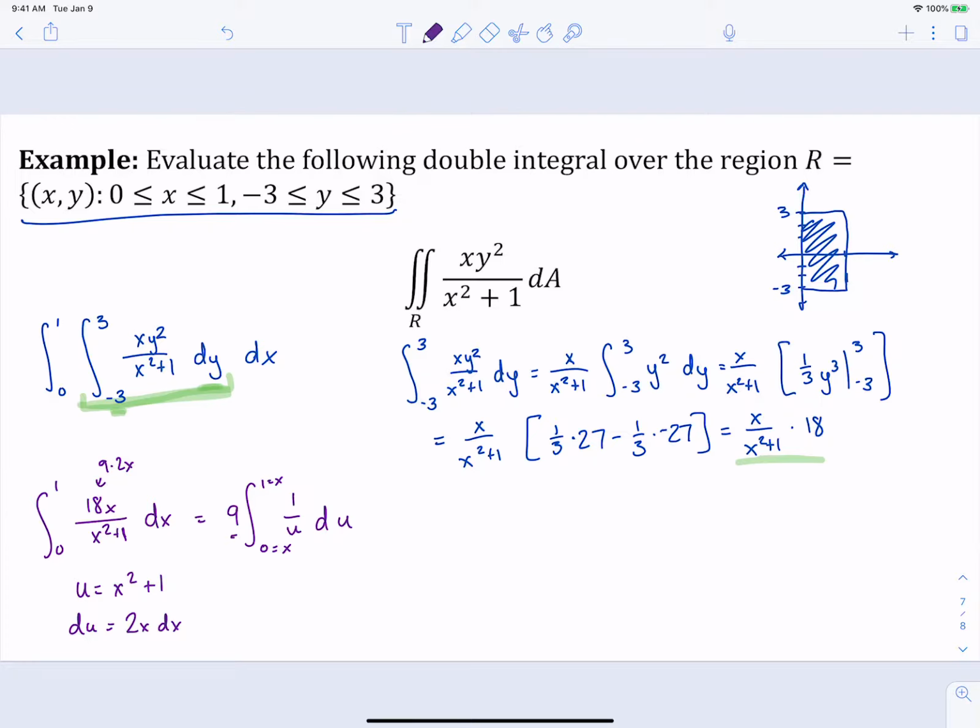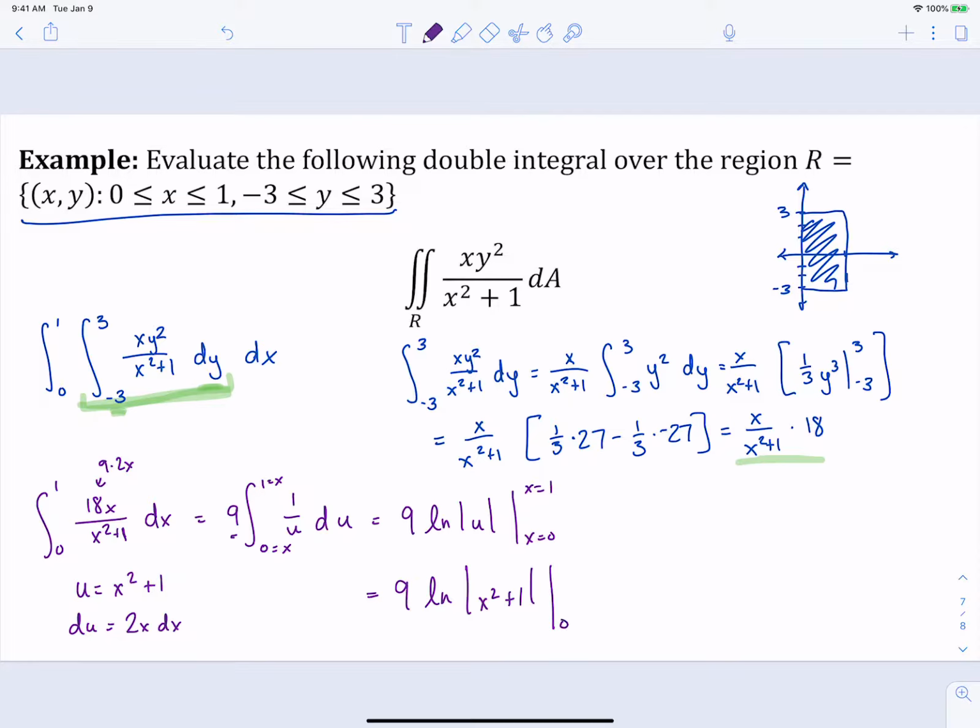And I move that 9 out in front. You can, or you don't have to. That's up to you. But we're going to get 9 times the natural log of the absolute value of u from x equals 0 to x equals 1. So 9 times the natural log of the absolute value of x squared plus 1.